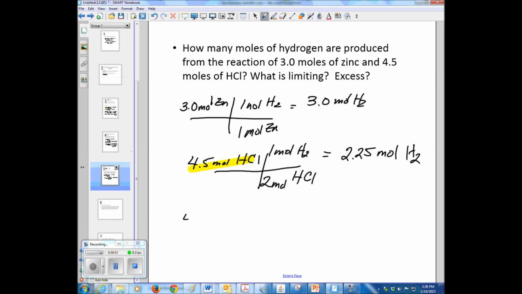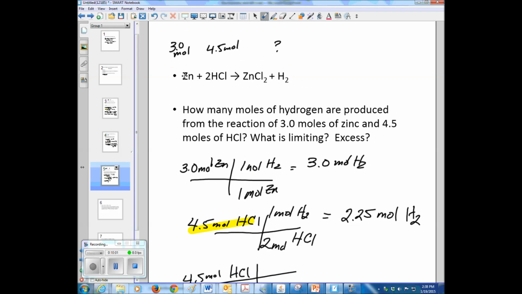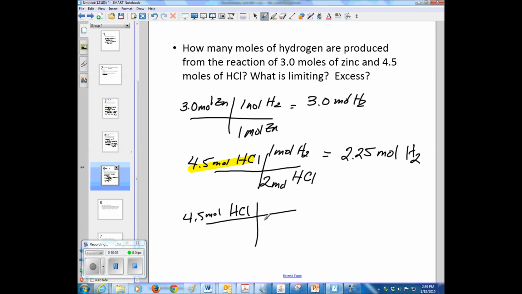Well, we're going to use 4.5 moles of hydrochloric acid, and we're going to calculate the amount of our excess product, zinc, that we're going to use. So our ratio of hydrochloric acid to zinc is 2 hydrochloric acids to 1 mole of zinc.